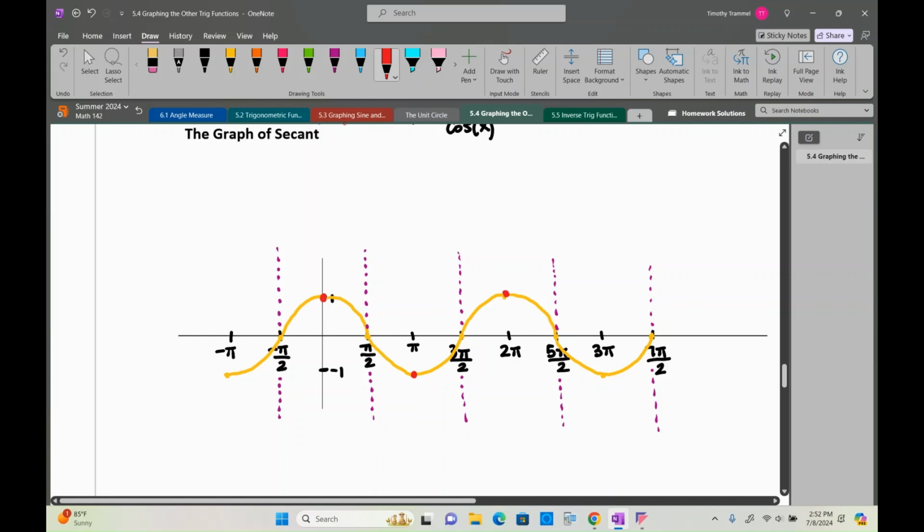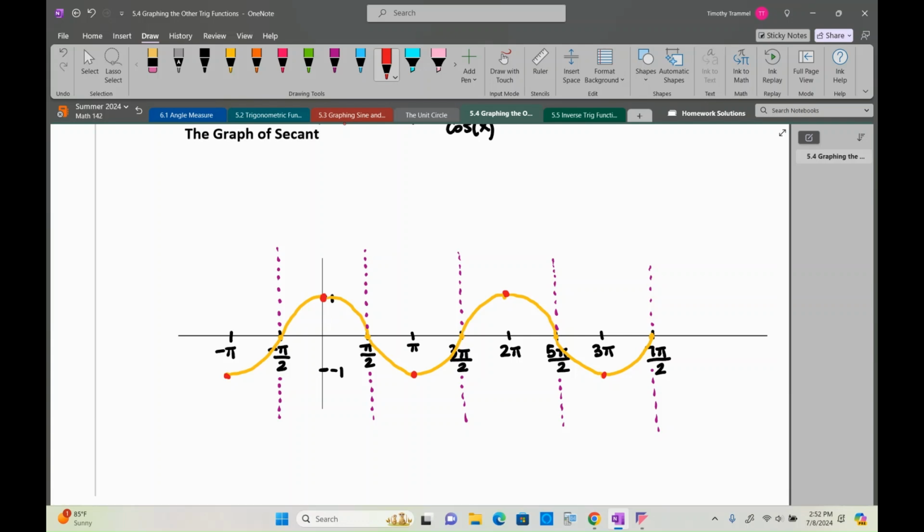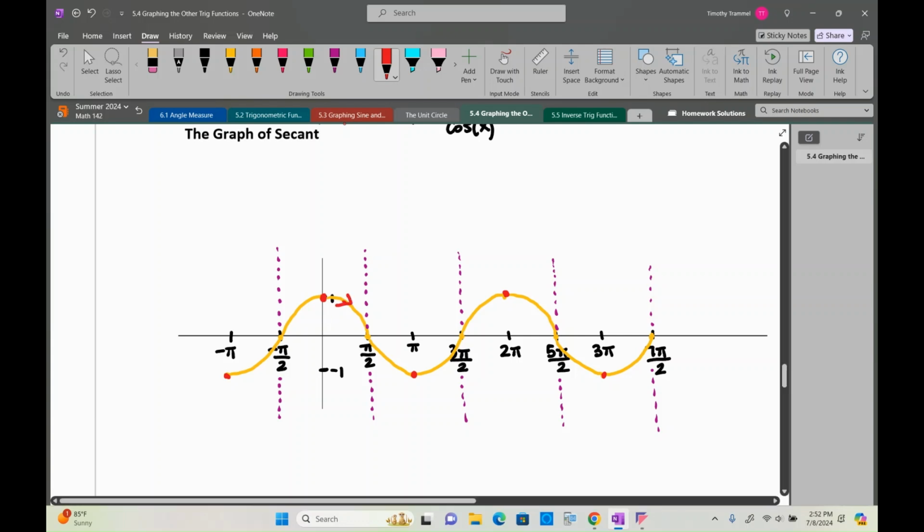And so basically, the graphs of secant and cosecant are going to share all these red points that we put in so far.